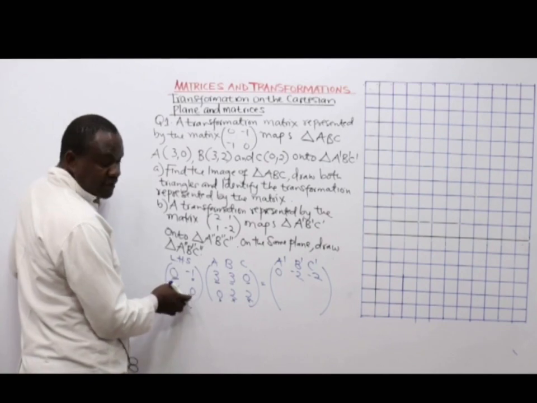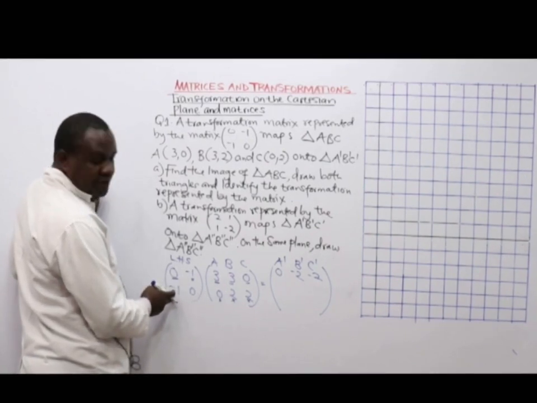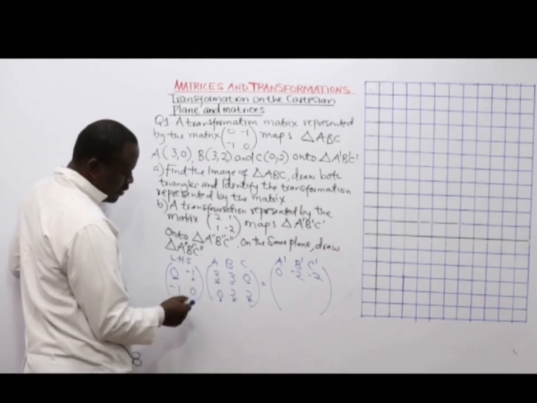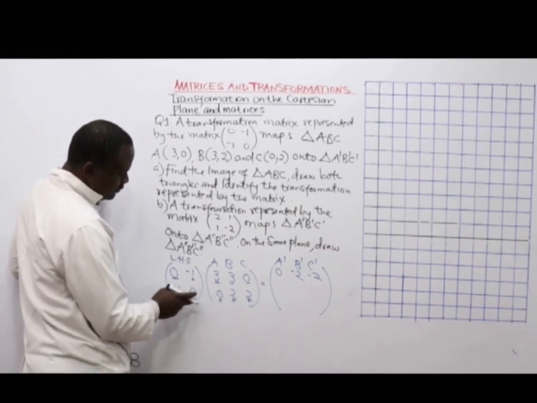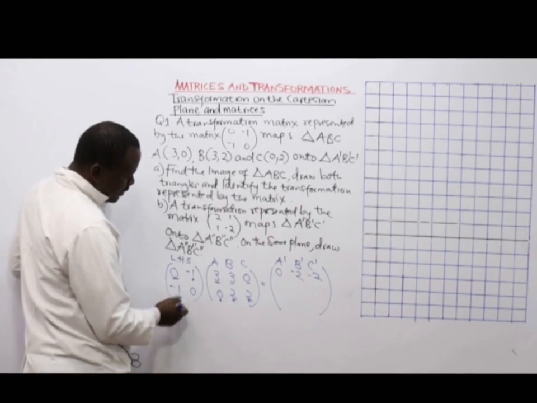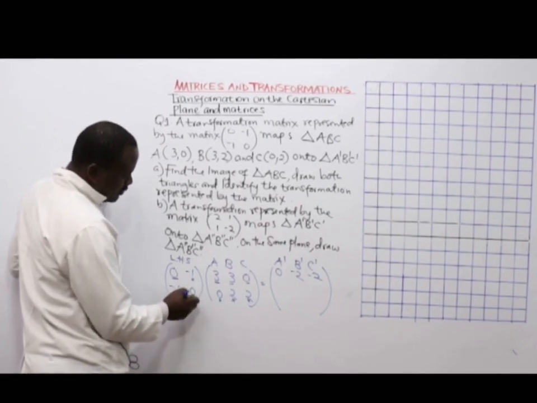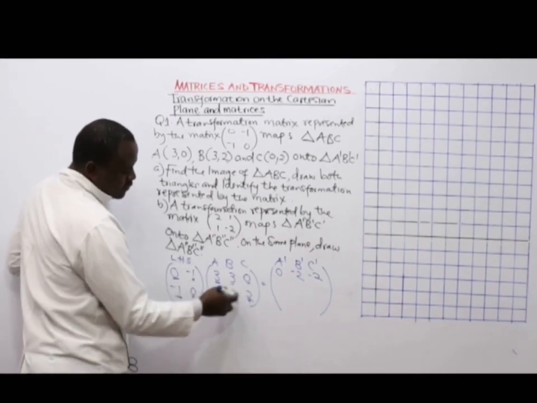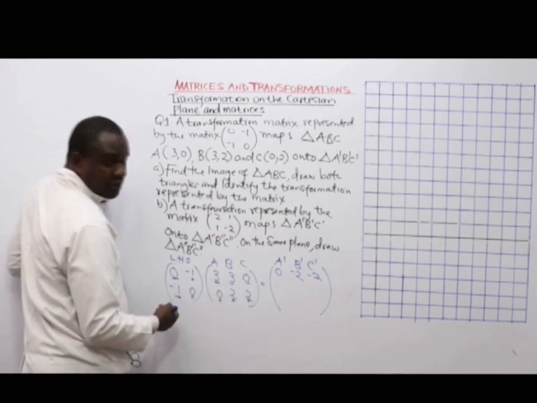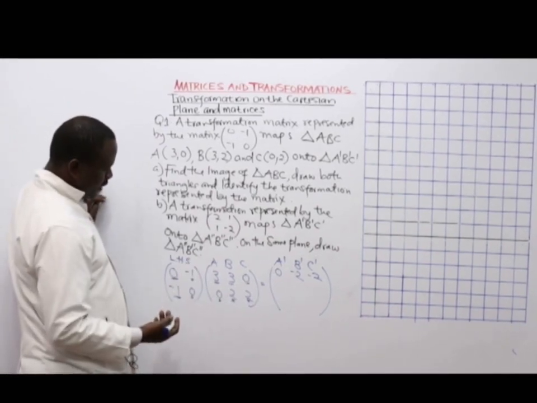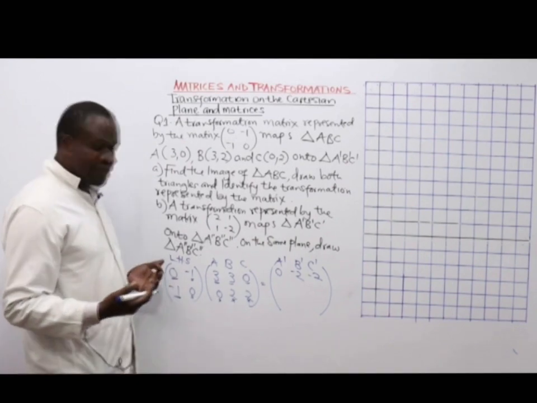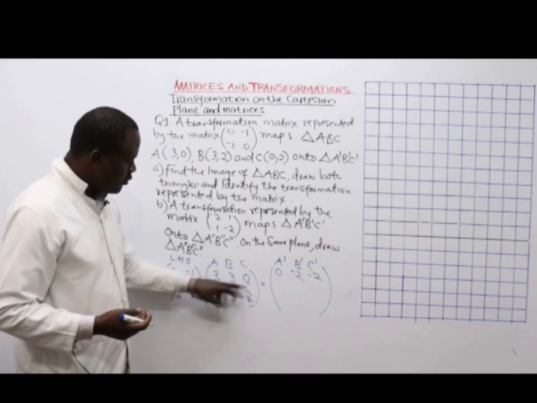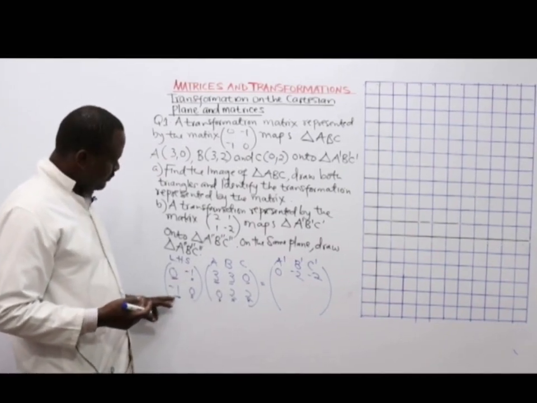So let's look at this one, which is easy now. -1 times 3. Now, looks like the bottom ones will be multiplied by 0. So the bottom ones, this row, they will all be zeros. So all we do is concentrate on multiplying the top ones, this first row, by -1.